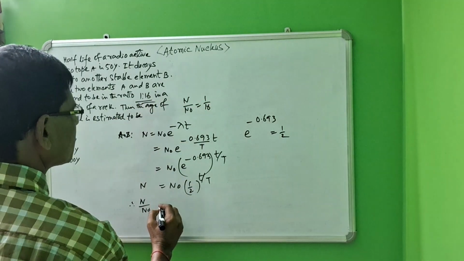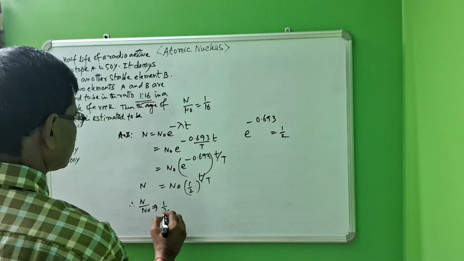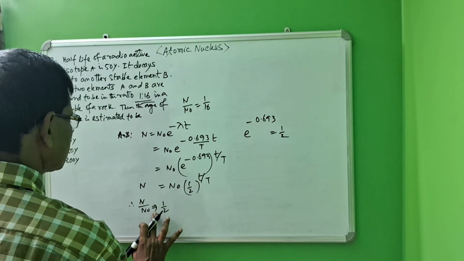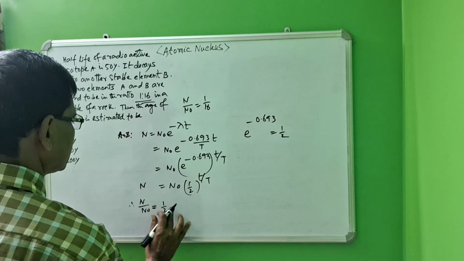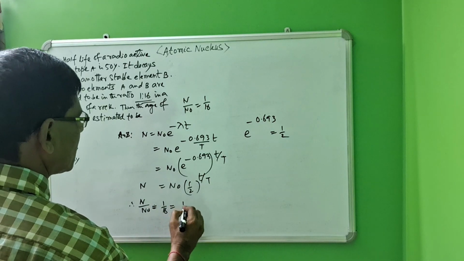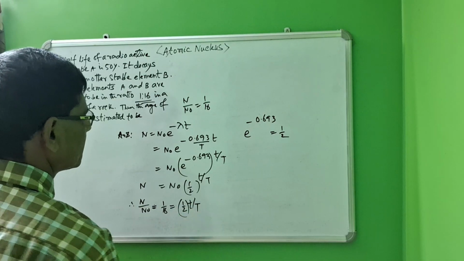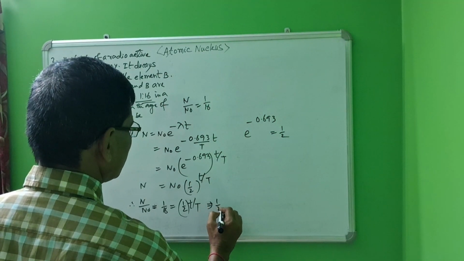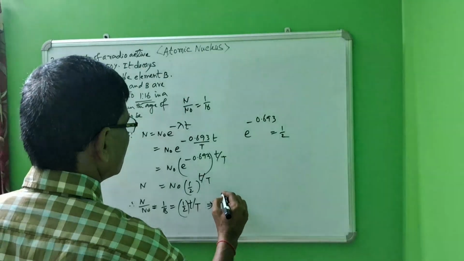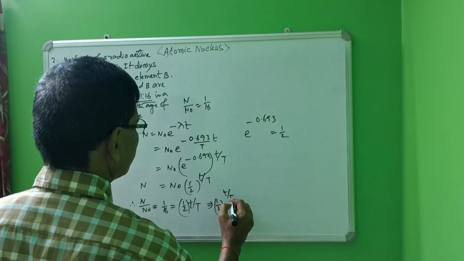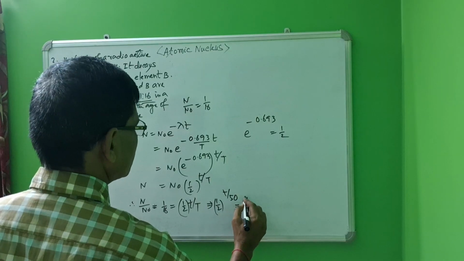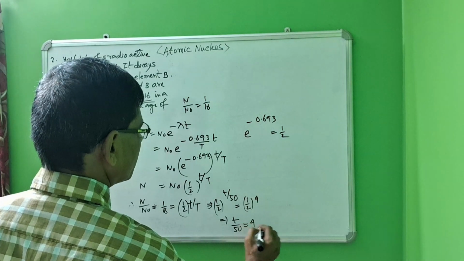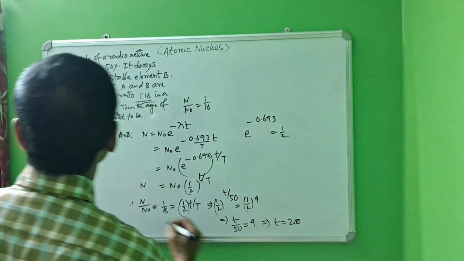So 1 by 16 equals half to the power t by capital T, which is the half-life. So half to the power t by 50 equals half to the power 4, implies t by 50 equals 4, implies t equals 200 years. So the answer is B.